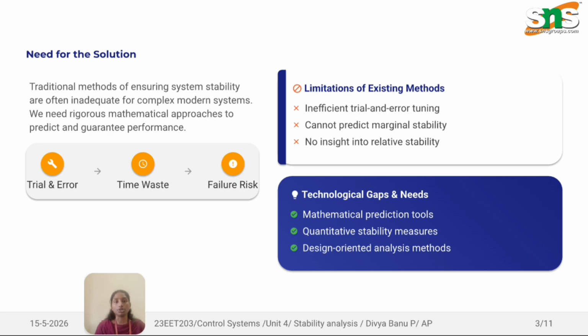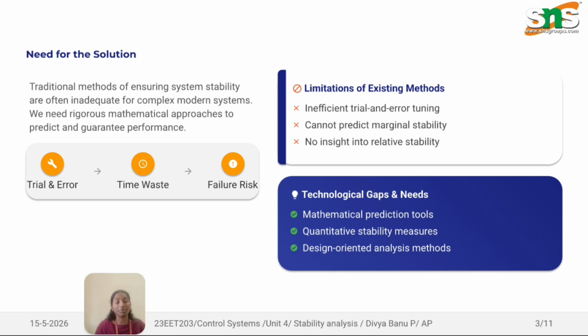Need for the solution. Traditional methods of ensuring system stability are often inadequate for complex systems. If we are dealing with lower powers and a simpler characteristic equation, the traditional methods may be helpful. But when we go to complex and higher order systems, if we try them we will have trial and error, wasted time and failure.